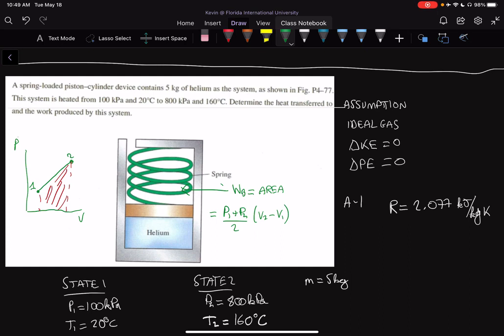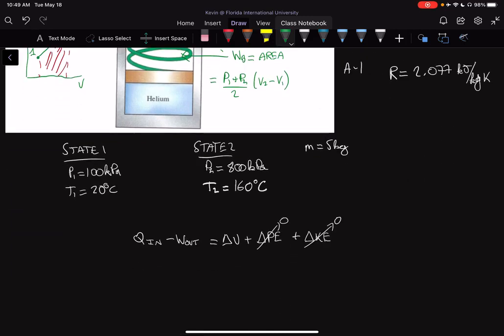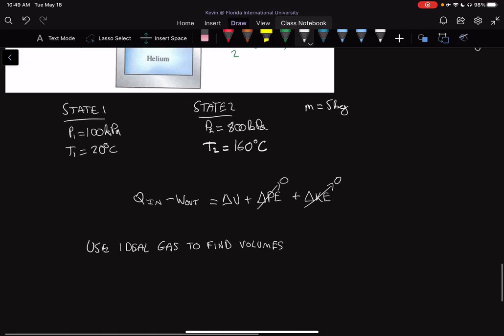So we need to know both volumes and both pressures. Well, we already know the two pressures, so we're left with finding the two different volumes. To find the volumes, we can use the ideal gas equation, rearranged to figure out our volume.